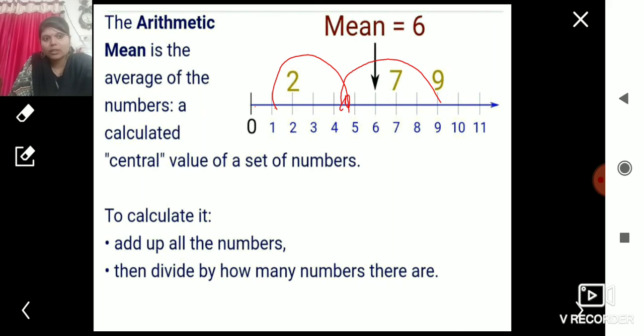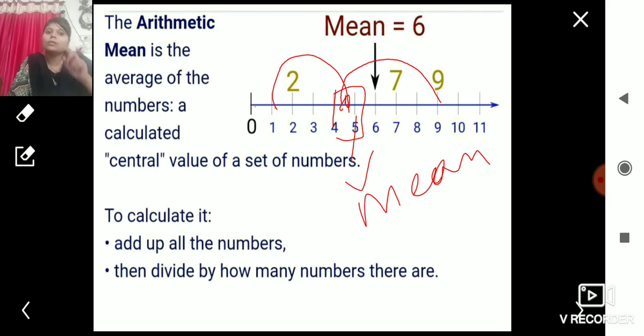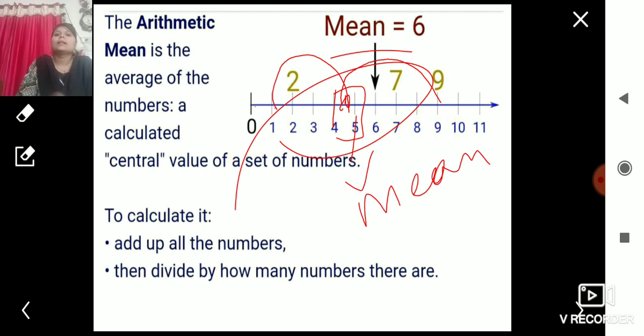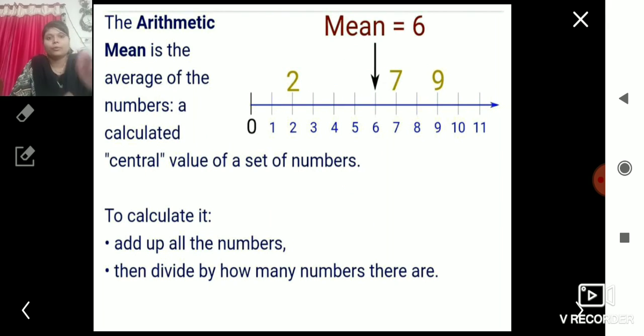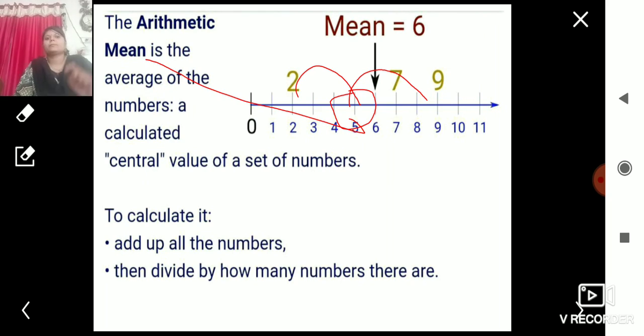So this is the junction where we are going to take the mean, right? So you remember this graph we usually used to put. So this is how we calculate it in a graphical representation also. So see, like this, I'll show you again. So here is the mean that we calculate.